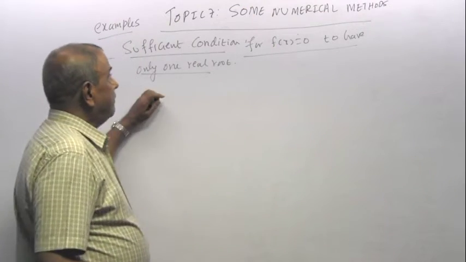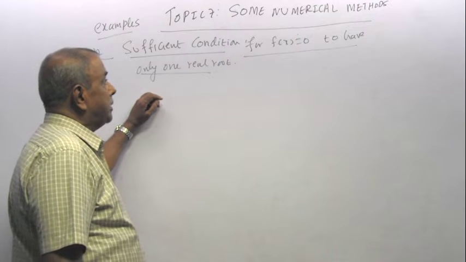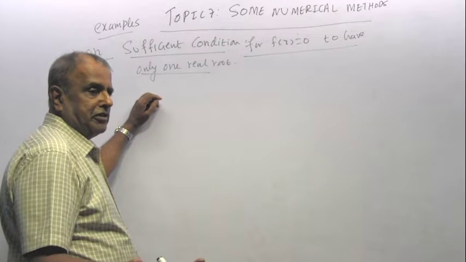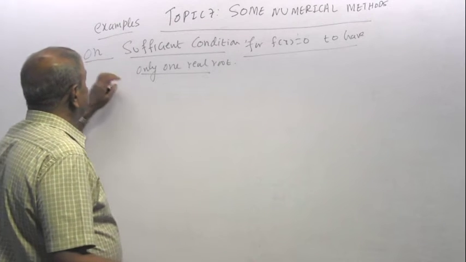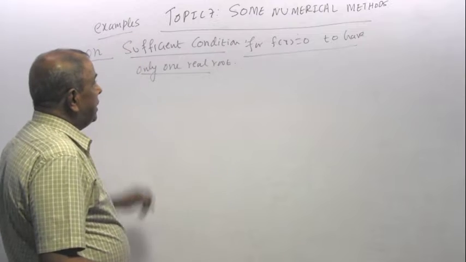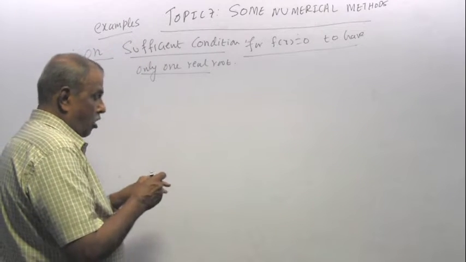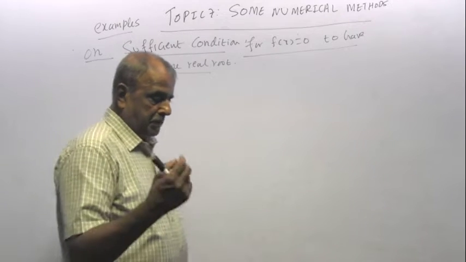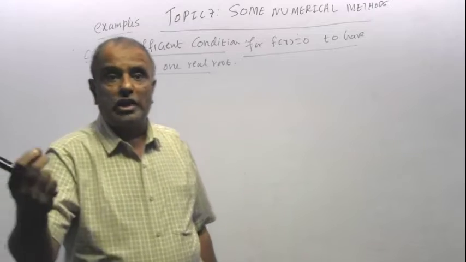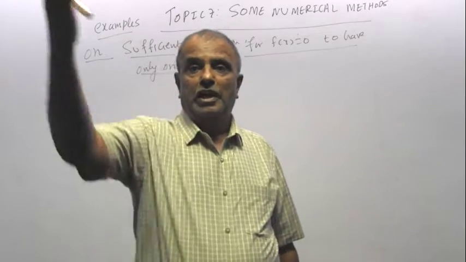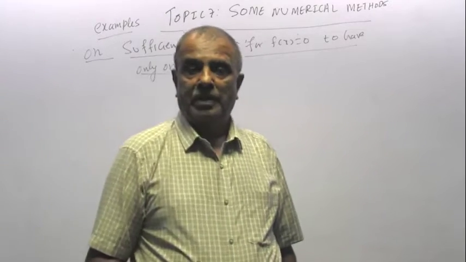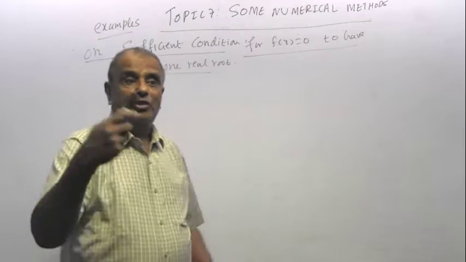Right. We were doing some numerical methods, mainly how to solve f of x equal to 0. I suddenly realized this is a typical example. A typical question would always say, show that f of x equal to 0 has only one real root, and show that this root is between this and this.